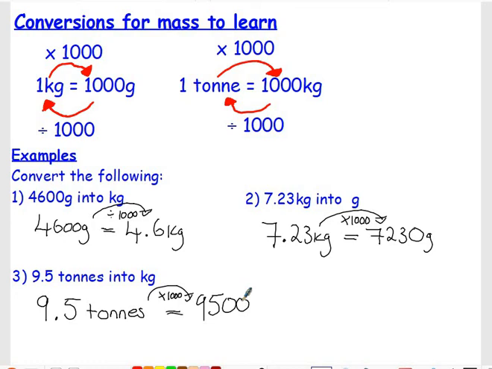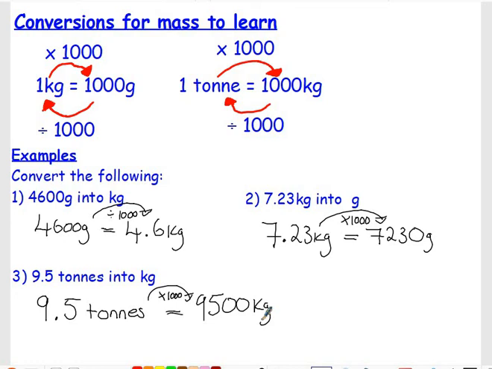So it means we have 9,500 kilograms. And if they ask you to convert this into grams, well then we'd need to times our answer by 1,000 again, using both conversions.